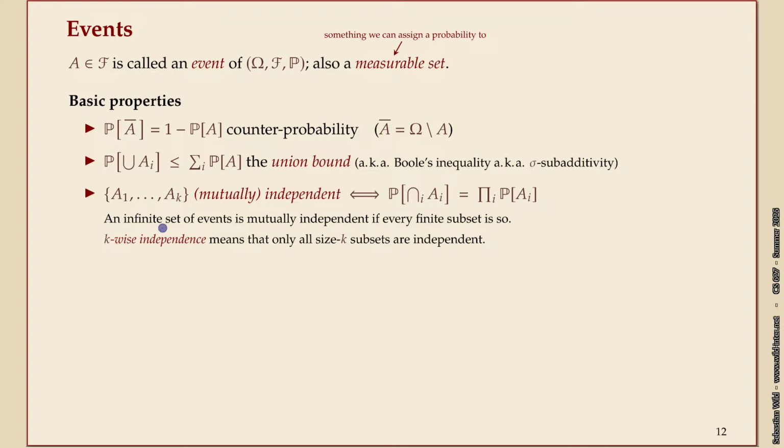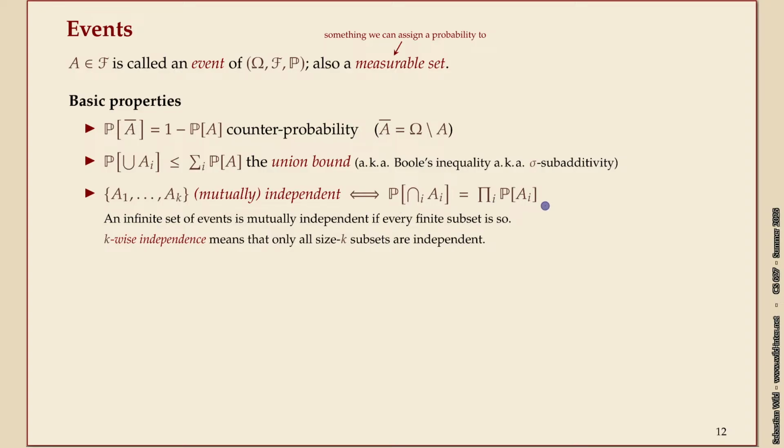So whenever we talk about an infinite set to be mutually independent, what this means is that every finite subset is independent. The mutually independent is important. There are weaker versions where you just say, so here all the k sets together are independent, which means the intersection of all the events at the same time has to factor.